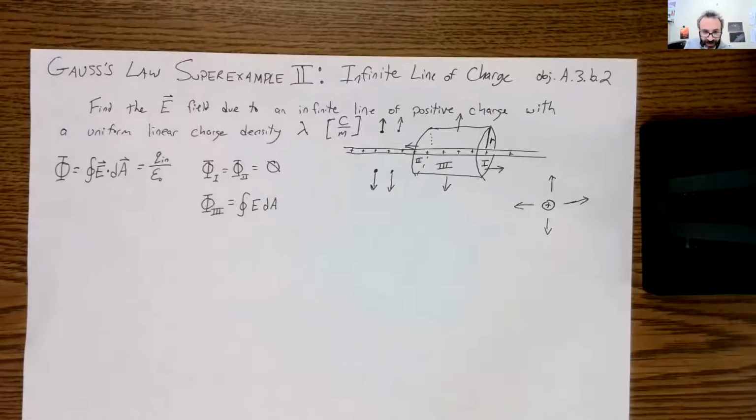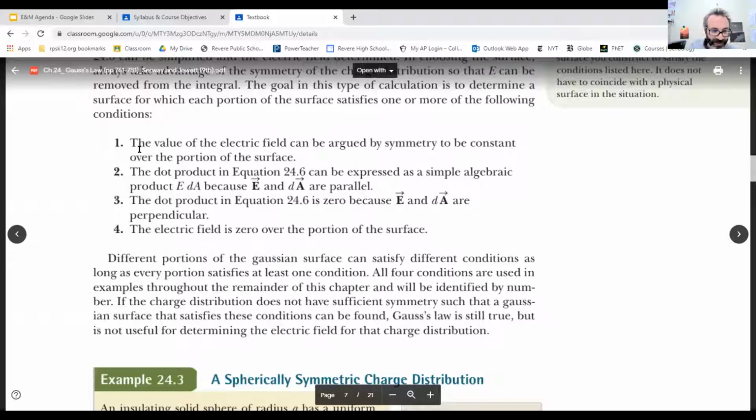So what I'm saying is that the cylindrical surface satisfies both conditions 1 and 2. The value of the electric field can be argued by symmetry to be constant over this portion of the surface, because every point on it is the same distance from the wire. And number 2, we already said that E and dA are parallel.